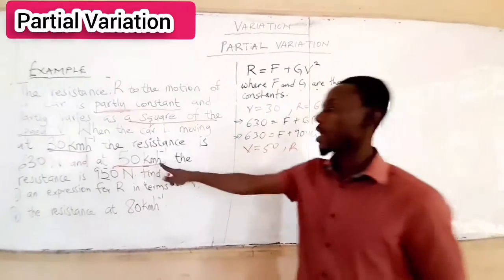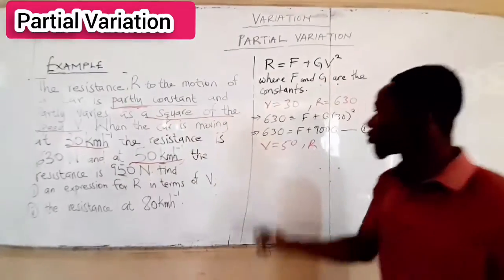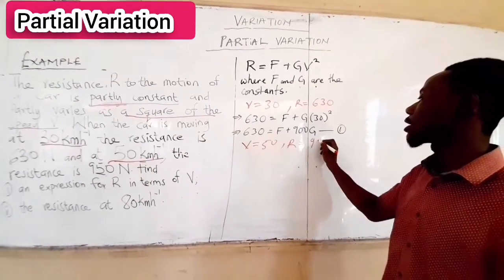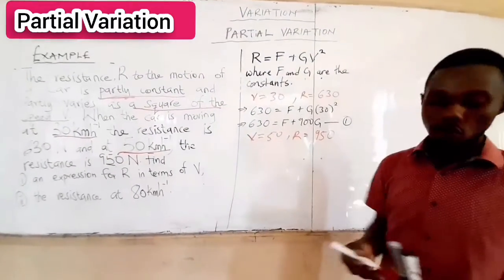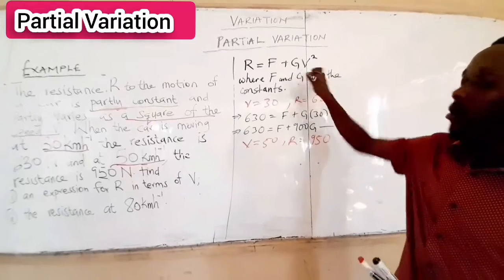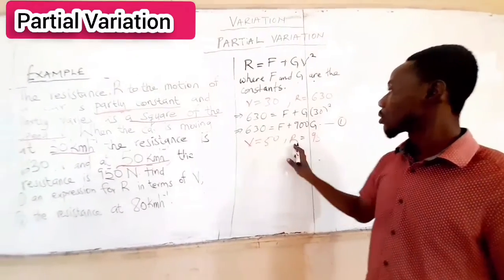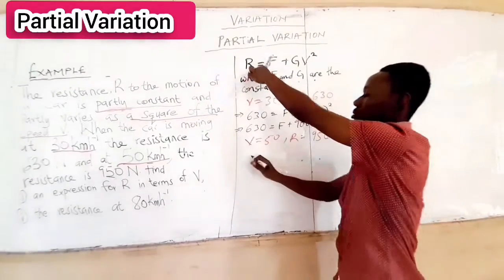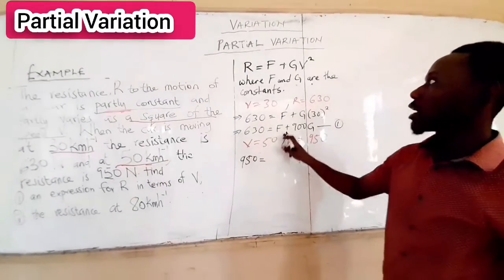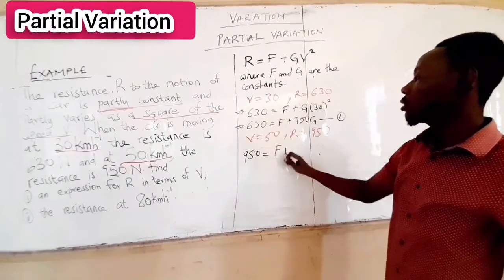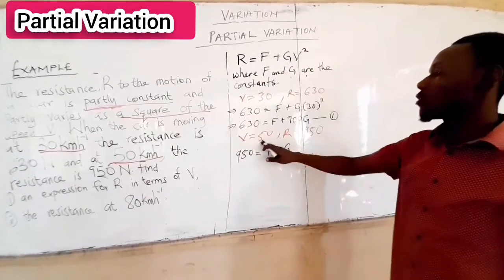And our resistance is 950 Newton. So we have what? 950. Let's put these ones also into our expression, which is the R becomes 950 equal to, then we have our F plus, then we have our G. Then our V is now 50.